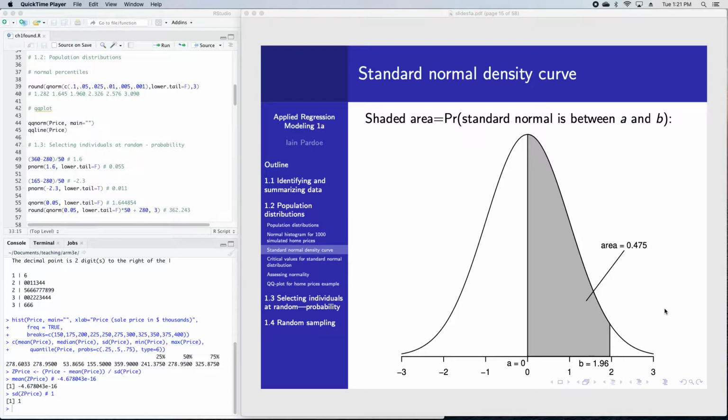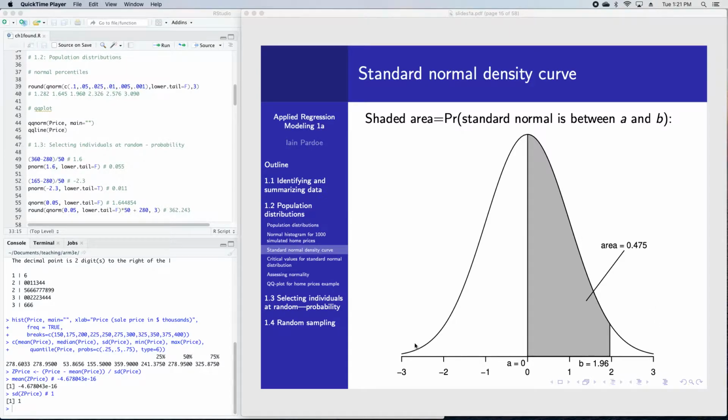So the way that we use this normal density curve is to calculate probabilities related to normal random variables. And so the way that we use the curve to do that is areas under the curve represent probabilities.